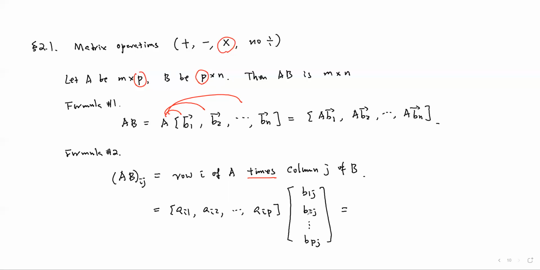Then computable. Otherwise, not computable. Now row i times column j means Ai1 times B1j, plus Ai2 times B2j, and so on, plus AiP times BPj. Yeah, formula two.